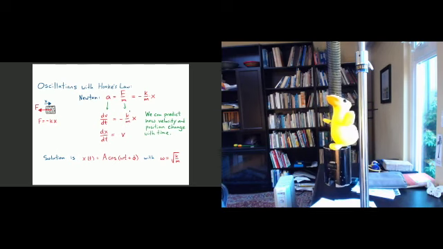And so if you look at the combination of these two equations, Newton's second law and the definition of the velocity, what you see is that they predict the rate of change of position and velocity given the current position and velocity. So you can see that those should then determine the future motion.